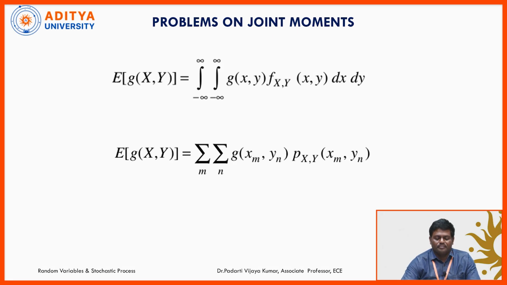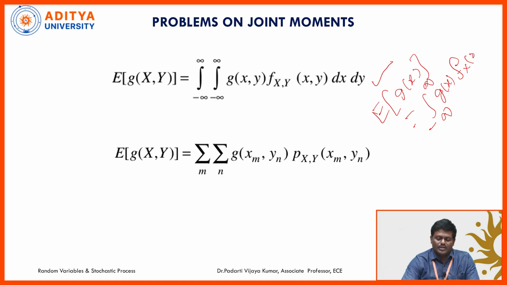Before going to the joint moments formula, if you want to compute the expectation for a function, in a single dimension, the expectation of g of x is equal to the integral from minus infinity to infinity of g of x fx of x dx.